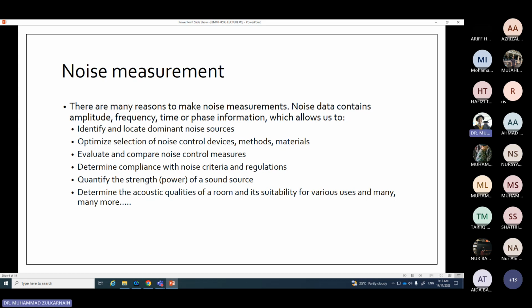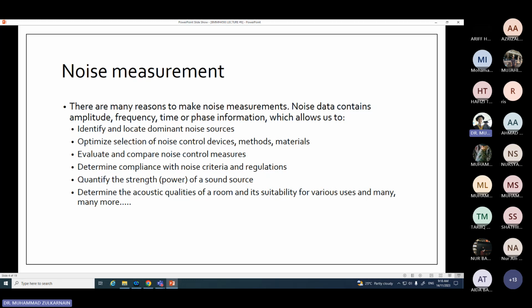The third bullet says evaluate and compare noise control measures. After we get the reading, we need to reduce it, because this number may exceed the level low enough for human comfort.